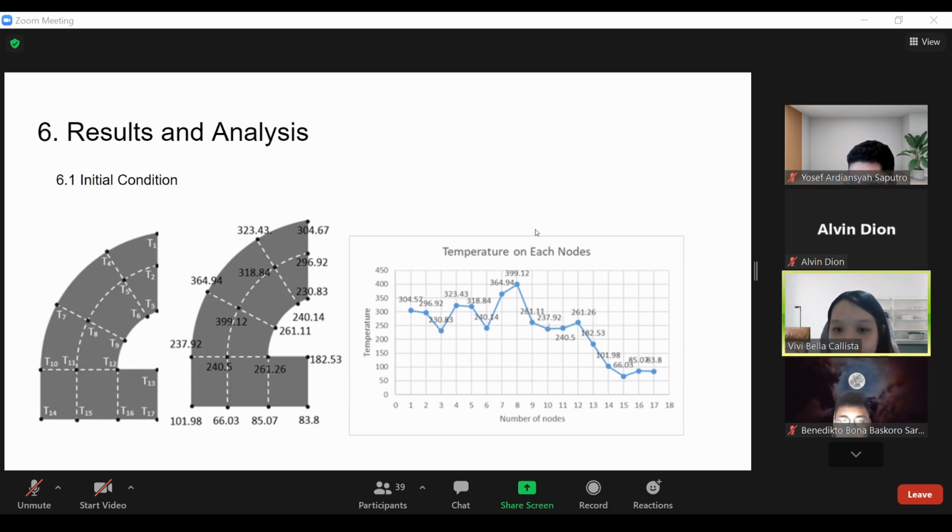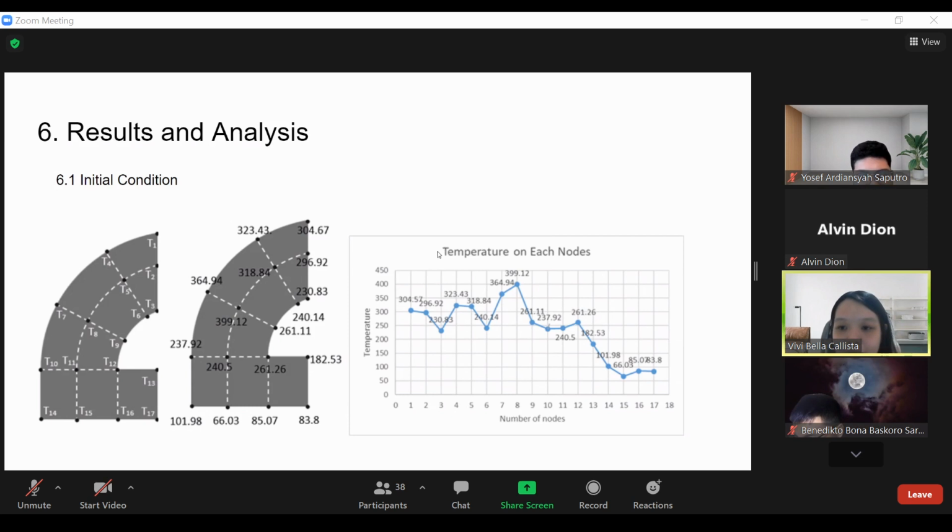After that, the temperature on node 13 is the smallest for the nodes within the inner diameter. So between T3, T6, T9, T12, and T13, the smallest one is T13.